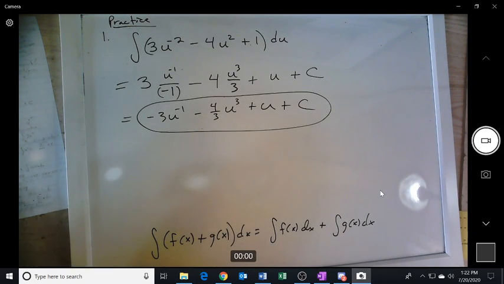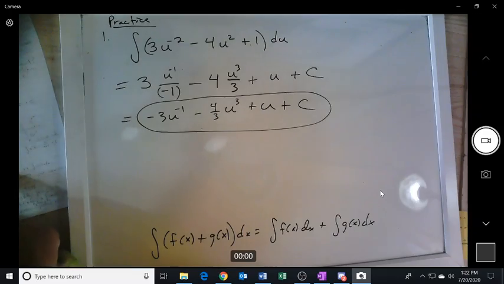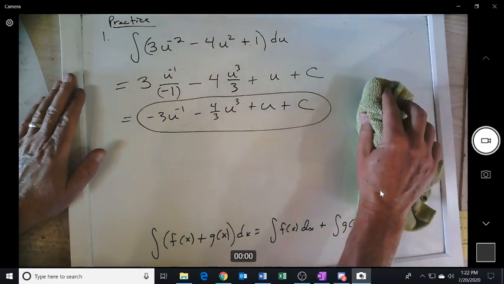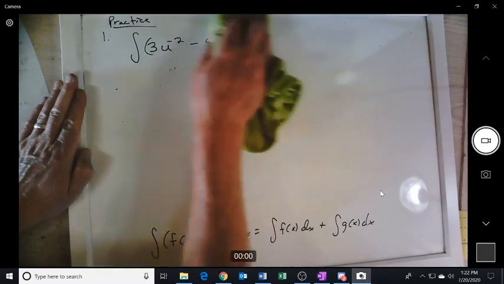Okay, let's do another one. All right. Number 2. I'm going to put this up, I'm going to give you a little time, and you can consult in your group on this one, and I'll call on a group in a minute.